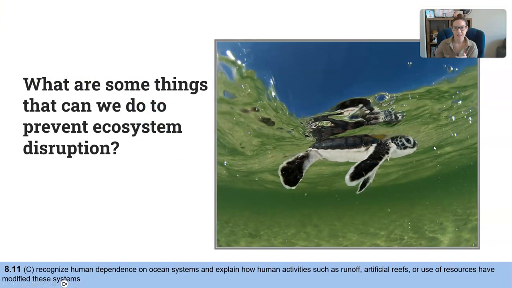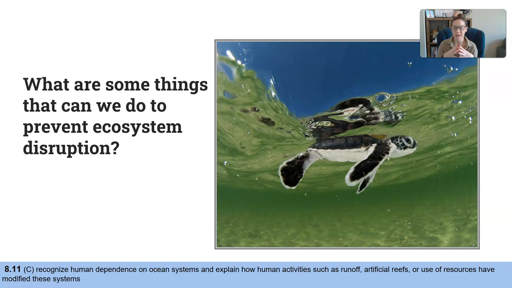So what are some things that we can do to prevent ecosystem disruption? Well, we've been talking about it probably your whole life long. Things like recycling is a great way to start, or replanting trees to help with the deforestation, creating sanctuaries or protected areas. There's marine protected areas all in the ocean.